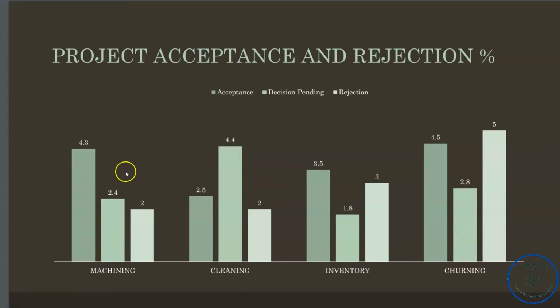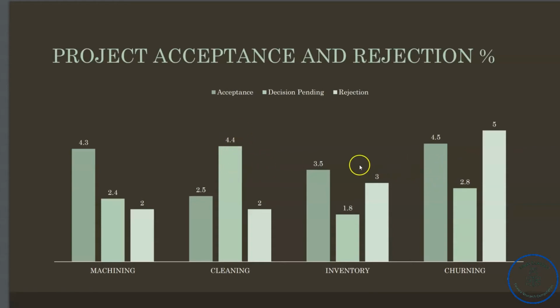Maybe the project decisions they would have taken had an acceptance rate of 4.3%, right? And in the cleaning department, they have the cleaning machines where the decision was pending. Maybe the NPV will be generating a value of 0, or it may be giving high positive returns, or it may be giving negative returns.